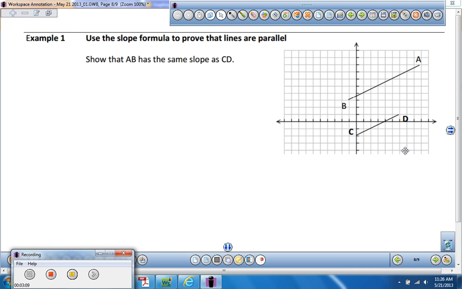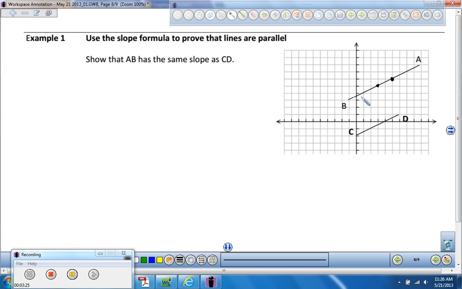In this specific example, we're supposed to prove that they're parallel. We'll do that, but we need to come up with the actual slope first. What I would do is pick 2 points that you're sure lie on one of the lines. So I'm going to pick this point and this point. You can pick any point that lies on it exactly.